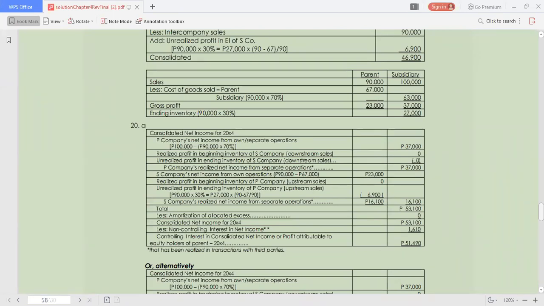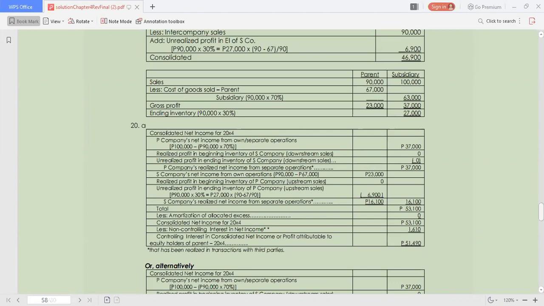So we now get 37,000 as the difference between 100,000 and 63,000. Then we have the realized now since P is a buyer. The deferrals will not be recorded in its books.